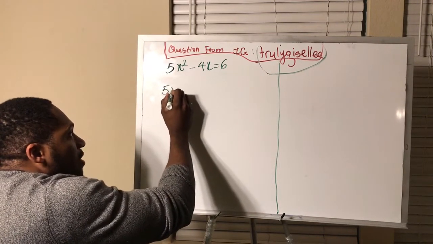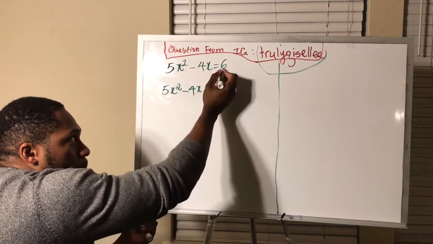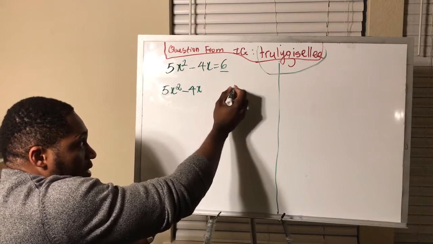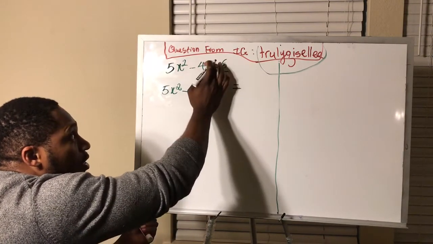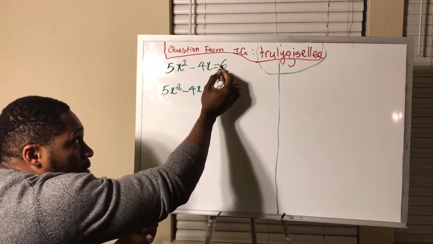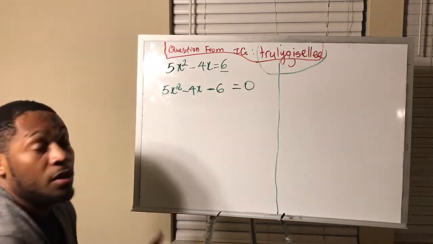So you have 5x squared minus 4x, equal to 6. That 6 is going to transfer from here to the left side. But the sign here was positive, so we change that sign to negative. It's equal to 0, right?